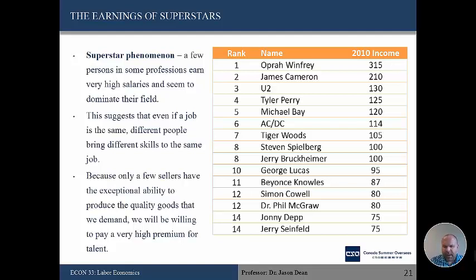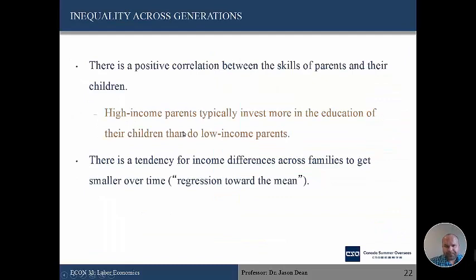If you think of top actors, the demand to see them is very, very large, and people are willing to pay a very large premium. There's some people with talents that are very, very scarce, and the demand to see that scarce talent is very, very high. And so, of course, the income for those people is going to be very, very high as well.